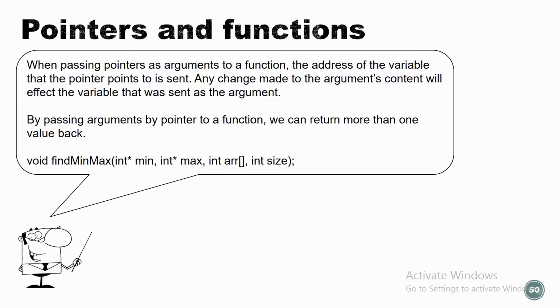What is the difference between, for instance, here int asterisk and int ampersand? That's a good question. So the thing is that it's up to the compiler. When we are sending, here it's very clear. We're sending the address. When you're declaring that you're sending by reference, basically we are not sure what's happening under the hood.